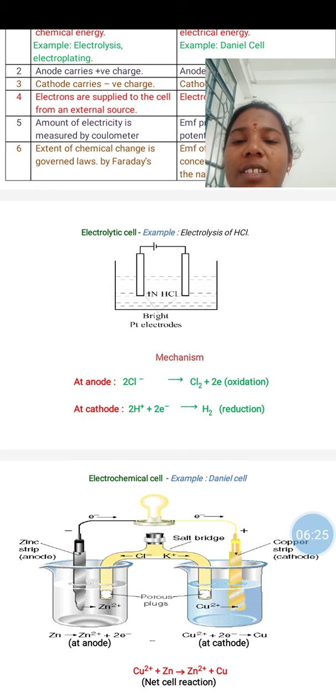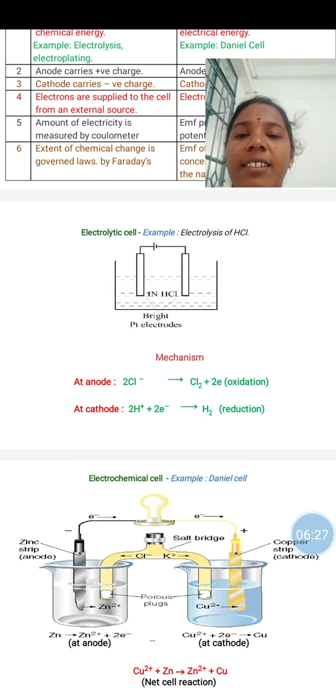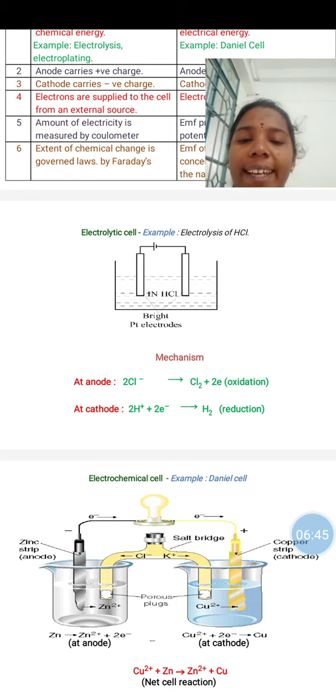Next, this is the image of an electrolytic cell, for example electrolysis of HCl. Here the electrodes are dipped in an electrolytic solution. At the anode, 2Cl- forms Cl2 plus 2 electrons.